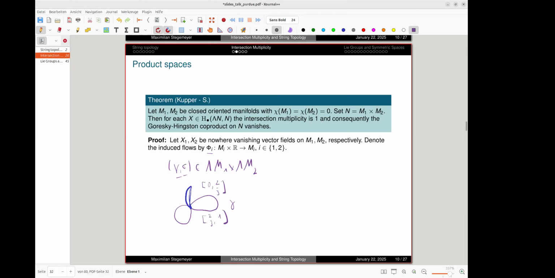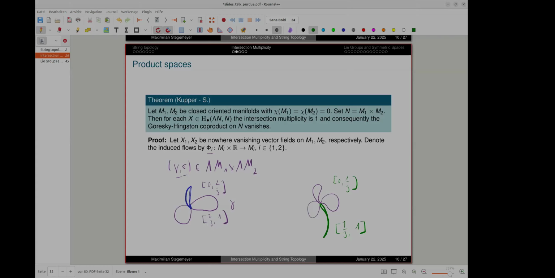For the loop sigma, which can have even more self-intersections, maybe I do it the other way: I go around the loop in the interval 0 to 1/3, and then I go along the flow of the vector field and back again. Since these vector fields are nowhere vanishing, in these intervals I have no self-intersections. So on this pair of loops, I got rid of all the self-intersections.